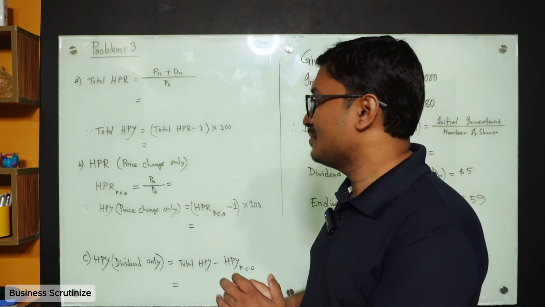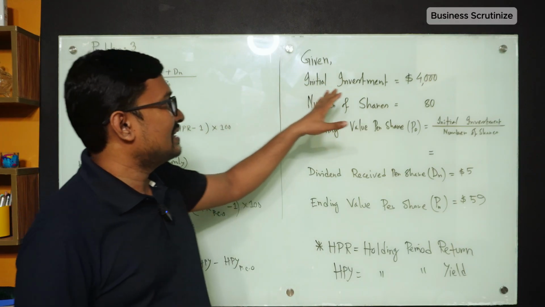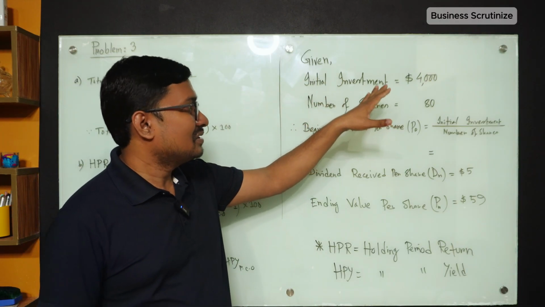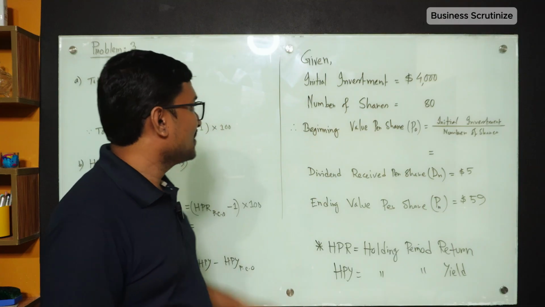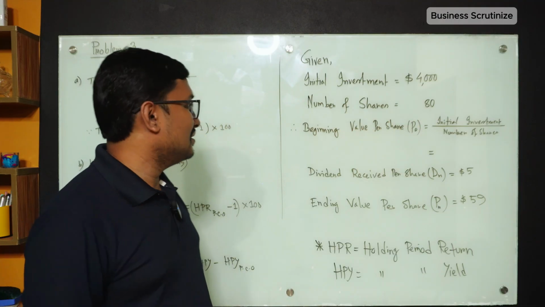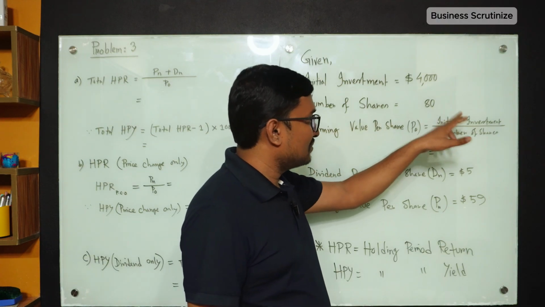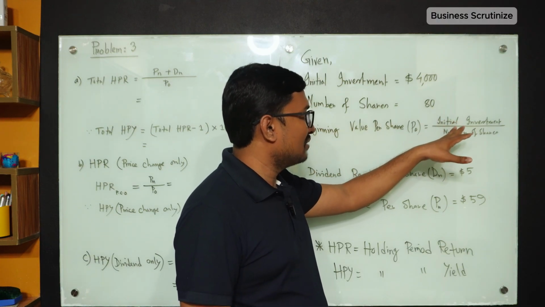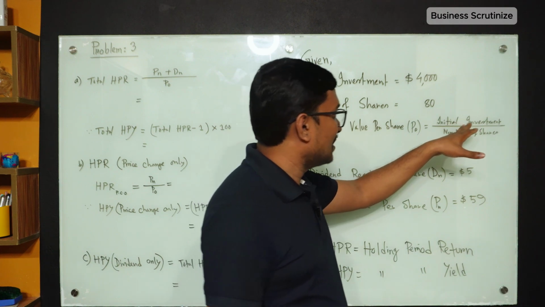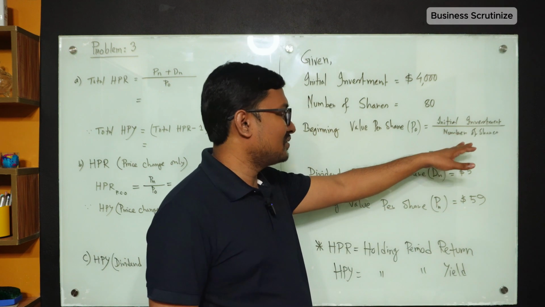To compute these requirements, we have to consider the data given. You can see the initial investment, which is $4,000, and the number of shares, 80. To find the beginning value per share P0, we will consider this formula, whose elements are the initial investment and number of shares.